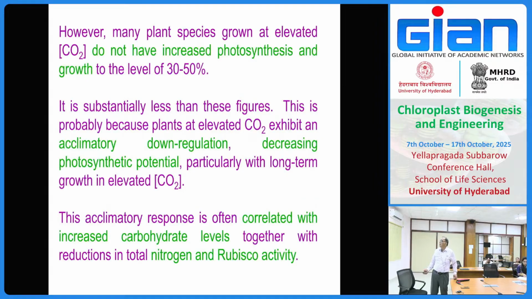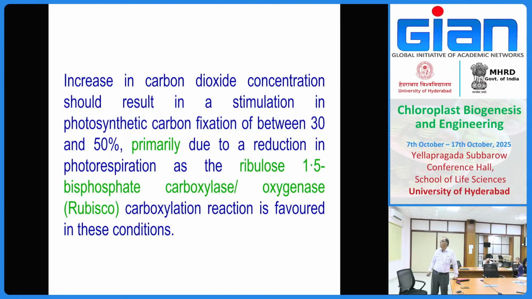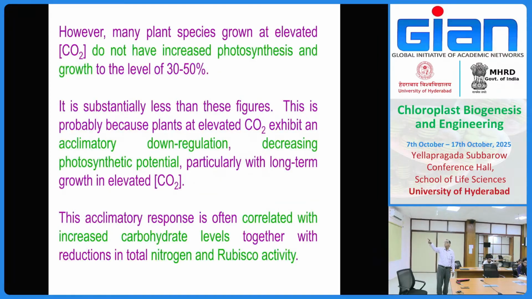An increase in carbon dioxide concentration is expected to stimulate photosynthetic carbon assimilation by 30 to 50%, primarily due to reduction in photorespiration. The Rubisco carboxylation reaction is favored in this condition and oxygenation is suppressed. However, many plant species grown in elevated CO2 do not show the photosynthesis going up 30 to 50%.